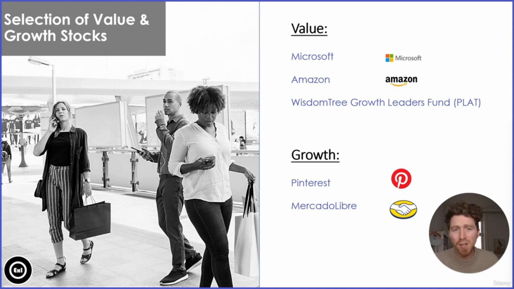Looking at growth stocks, you have Pinterest, which currently has around 400 million users worldwide, but is strongly growing, especially outside of the US, in Europe, in Latin America, in Asia, and so on. And they have a pretty interesting business model, in my opinion, that they have these so-called promoted pins, where companies can just integrate their advertising in the pictures you see on the walls when you scroll through Pinterest.